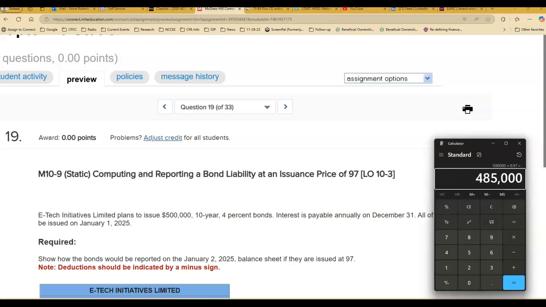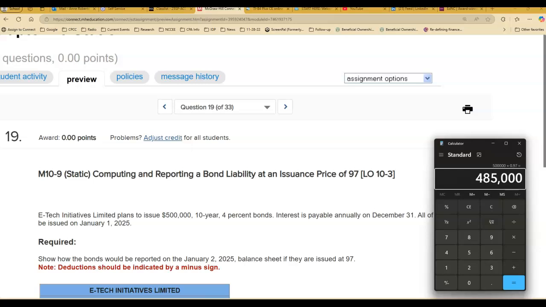Now, the other thing is that this $485,000 is what we call the carrying value of those bonds. Let me do it this way, because a picture's worth 1,000 words, or a journal entry's worth 1,000 words. In this case, we collected cash of $485,000. That's just face value times the percent.